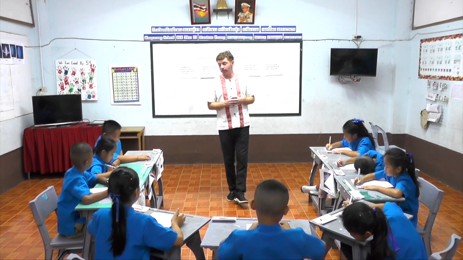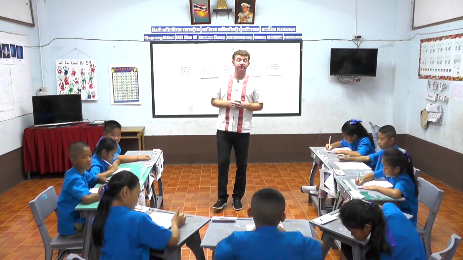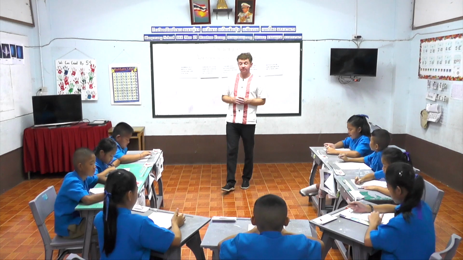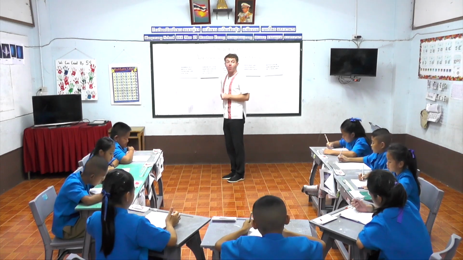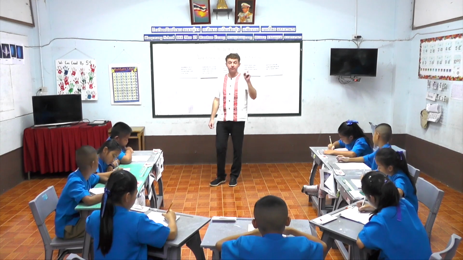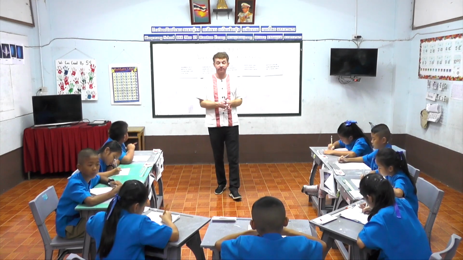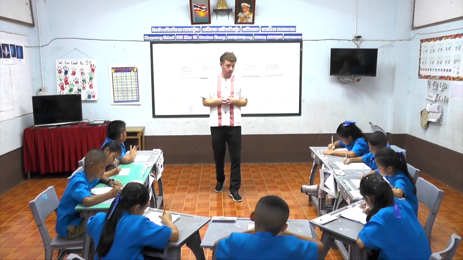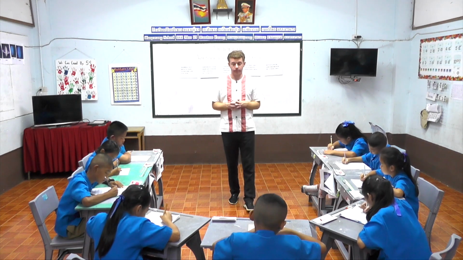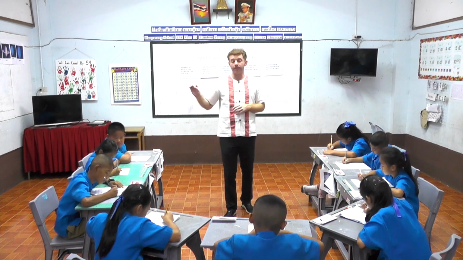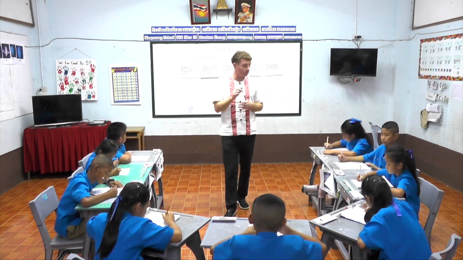For example, number 1, vertebrates are animals that have a backbone. Okay? So the most important fact about vertebrates, they have a backbone. So find the word backbone and you can write that one. And then cross out backbone because you only need each word once.